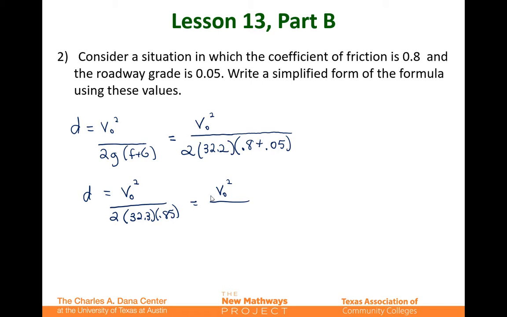What is 2 times 32.2 times 0.85? It's just the number 54.74.